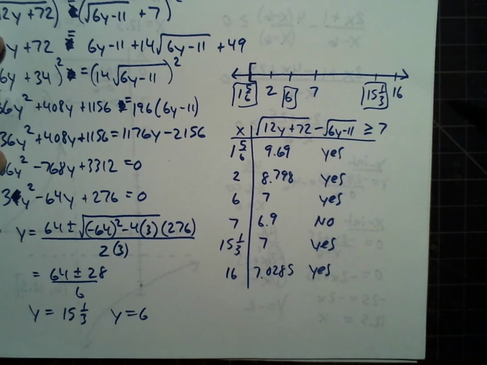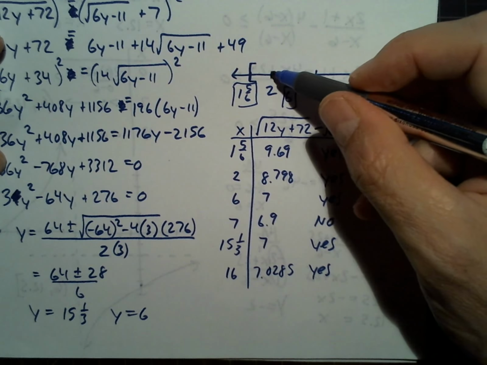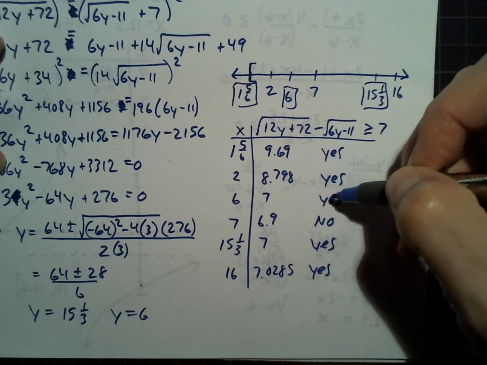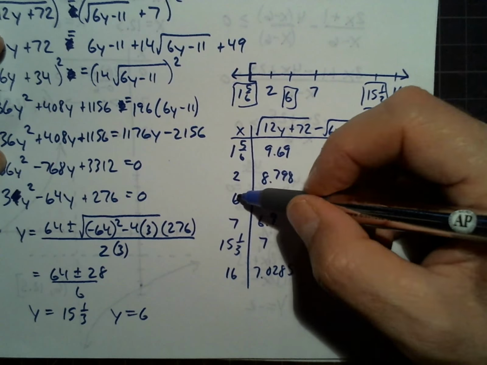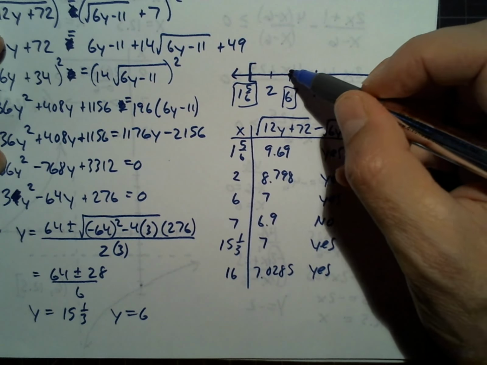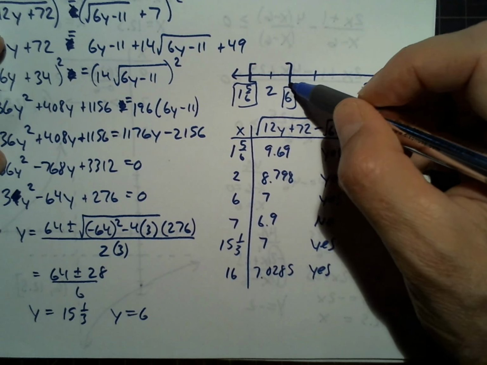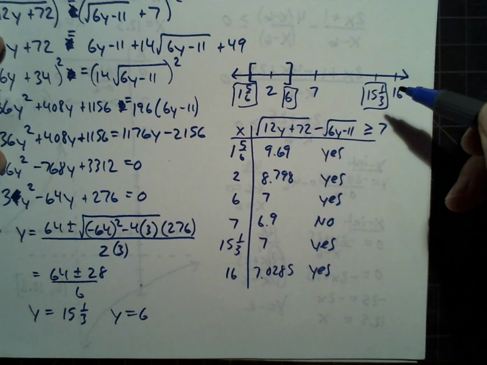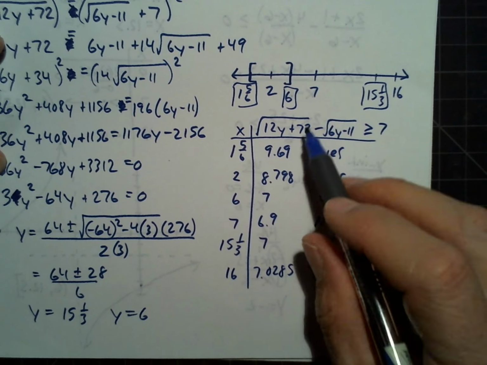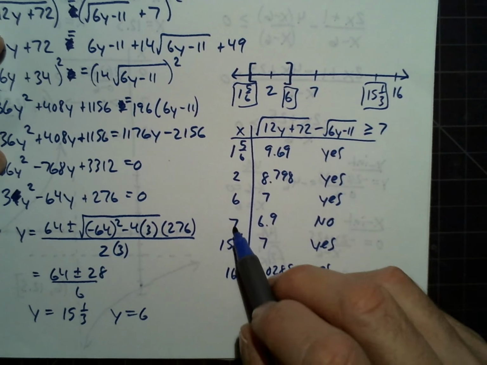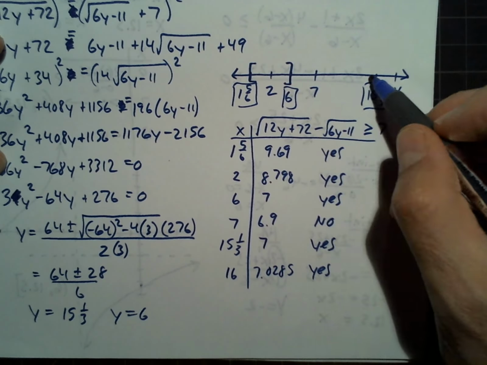Include 1 5/6. At 7, that's a yes there. At 2. At 6, we're equal to 7, so we're going to go like that, including 6. At 7, our test number, it's a no, so there's nothing there.